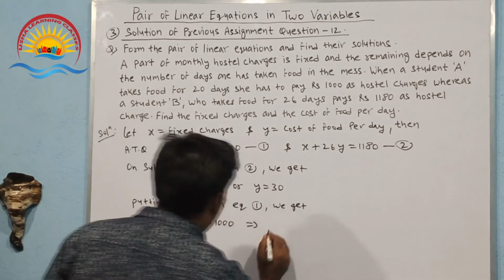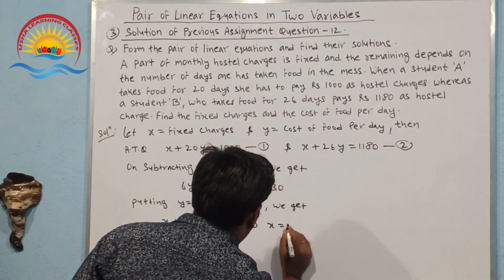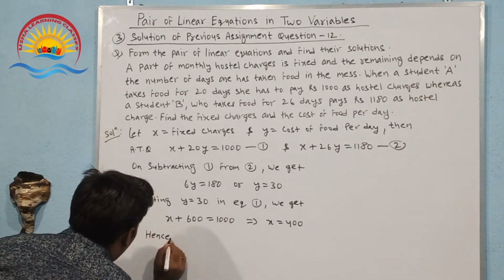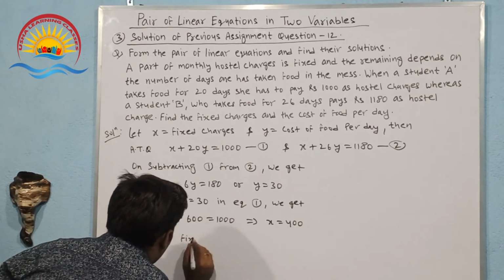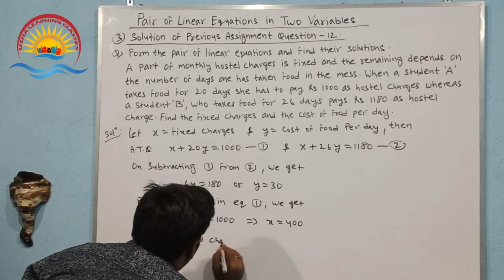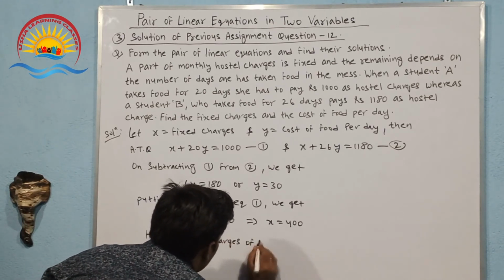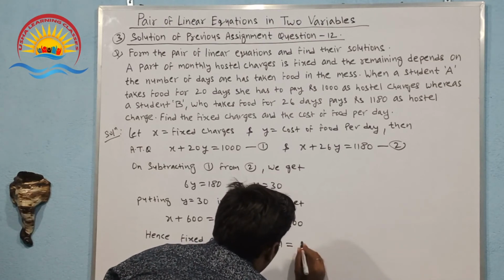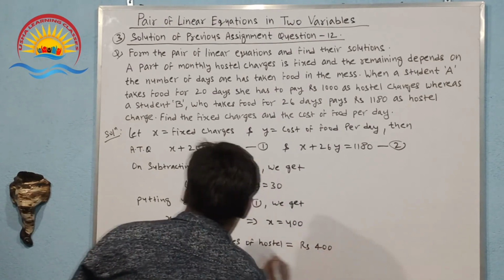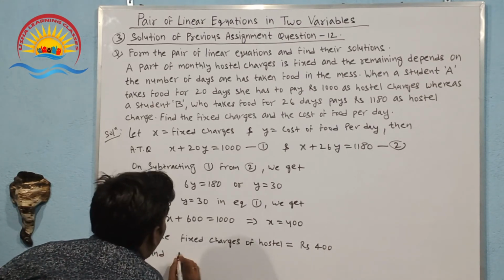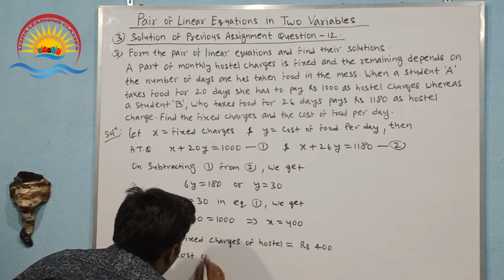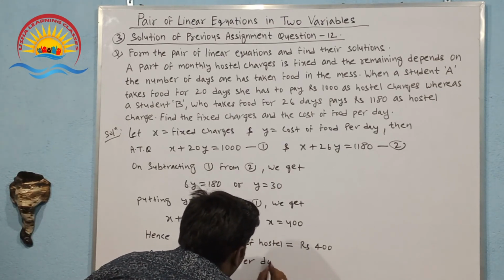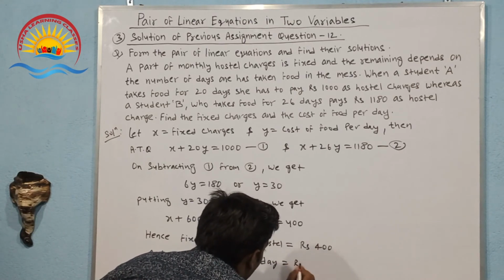This implies that x equal to 400. Hence, fixed charges of hostel equal to ₹400 and cost of food per day equal to rupees 30.